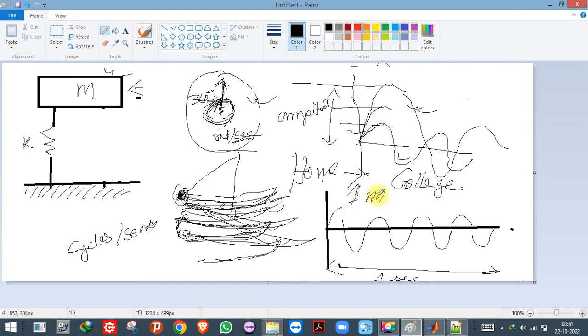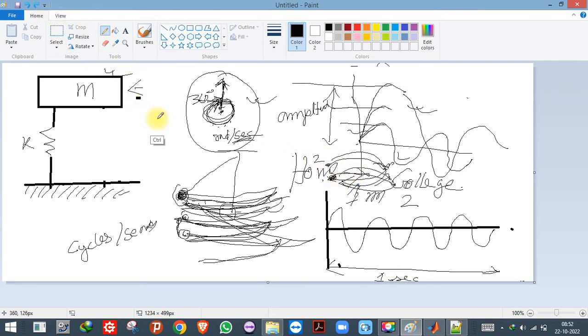You have started from your home, gone to your college, and again come back to your home, again gone to your college. Let's say in 1 second you have done this process twice. First you have started your journey from home, then gone to college, then again come to your original position, again gone to your college, and again come to your original position. So how many times have you come to your original position? Twice, isn't it? Because the initial one will not be counted.